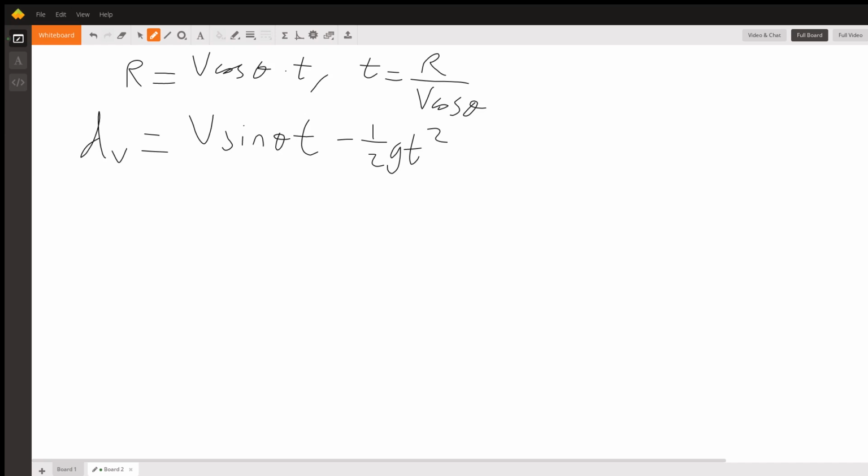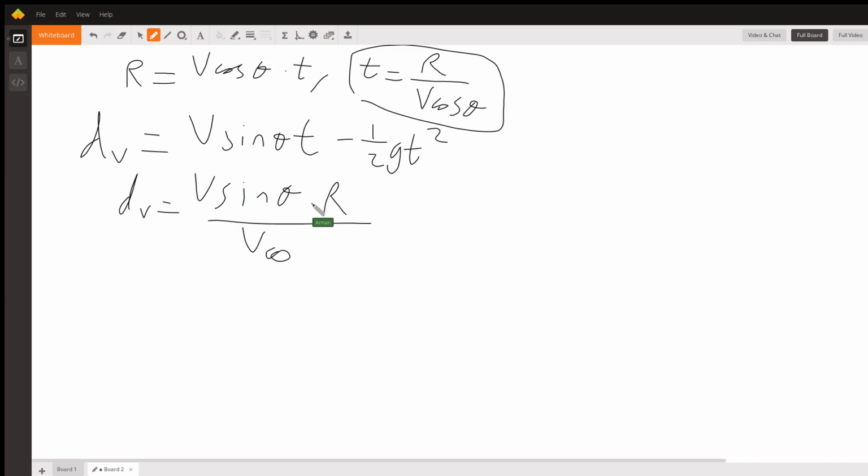And so now let's plug in t. We solved for t up here. So d_v equals V sine theta times t, so times R over V cosine theta, minus 1/2 g R squared over V squared cosine squared theta.